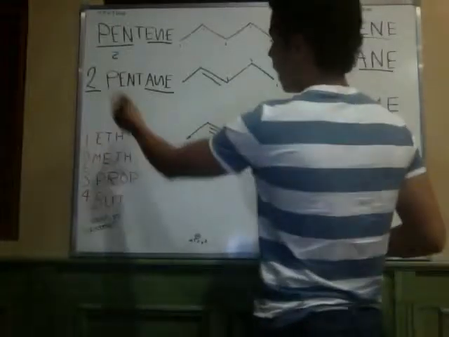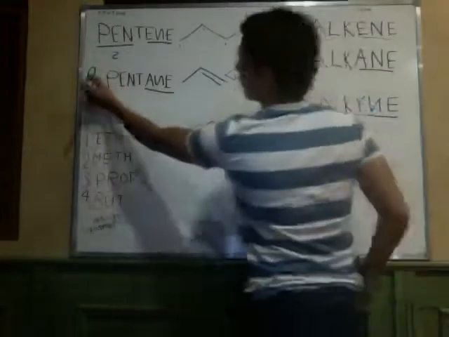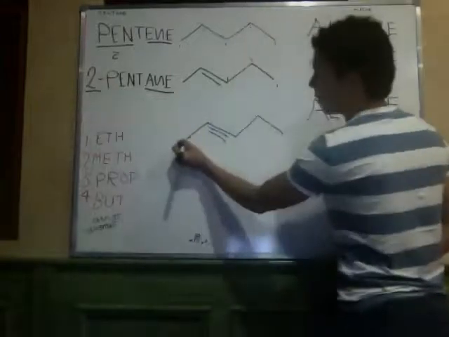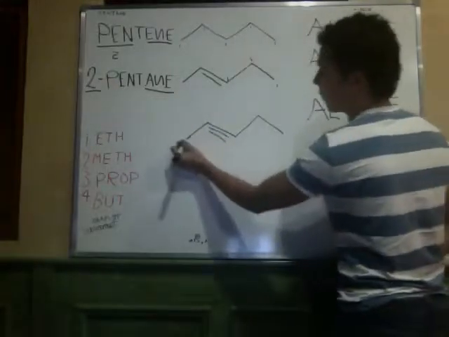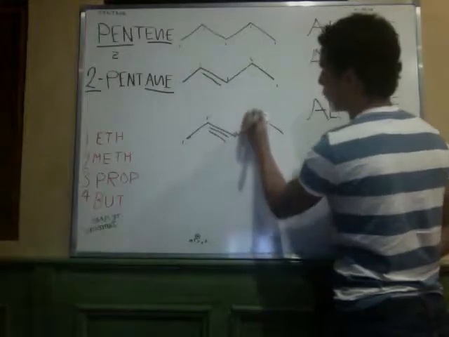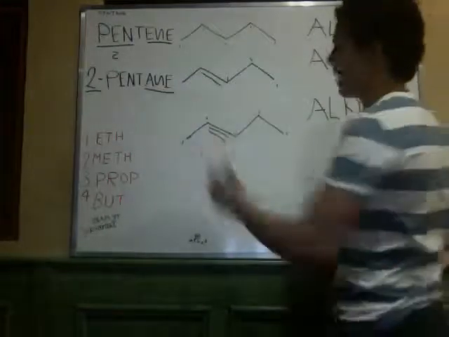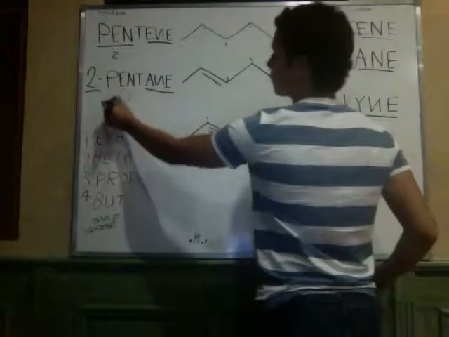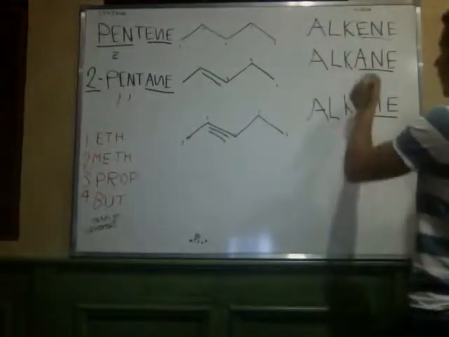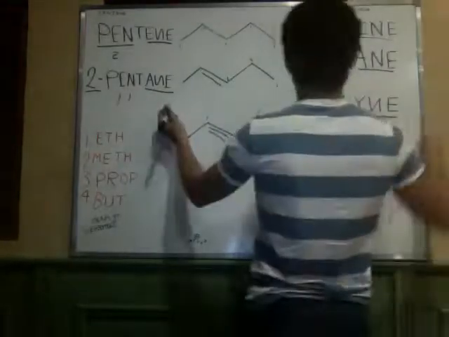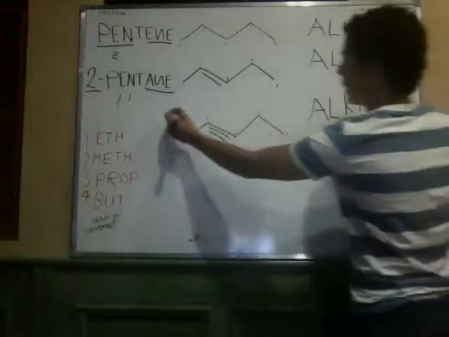So here I would do the same. I would start from here because it always has to be from the closest one. 1, 2, 3, 4, 5. And this would be just the same. All you would do is change the ending from ene to yne.